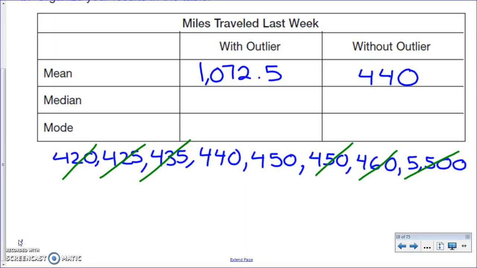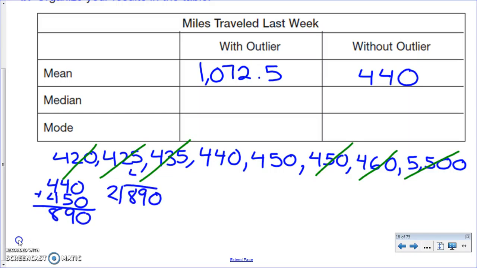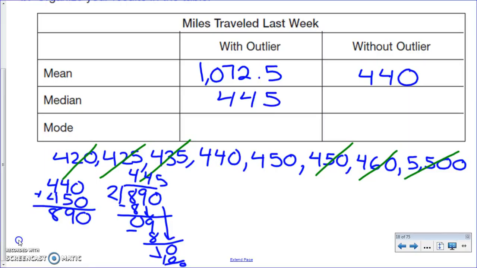So we're going to add those 2 together and divide in half to get the median with the outlier. Now we know with the outlier, the median is 445.